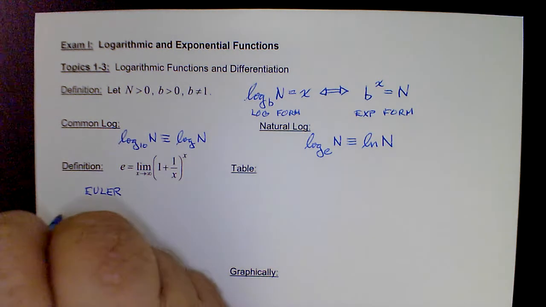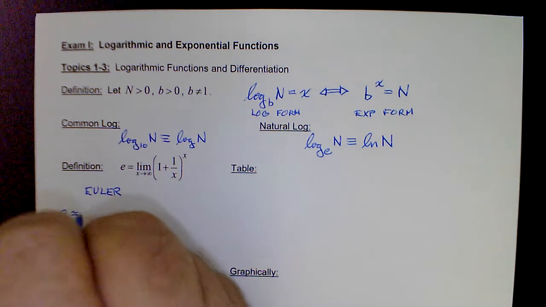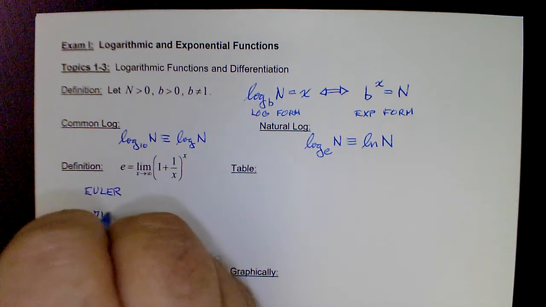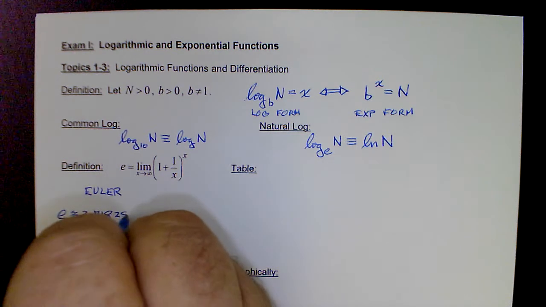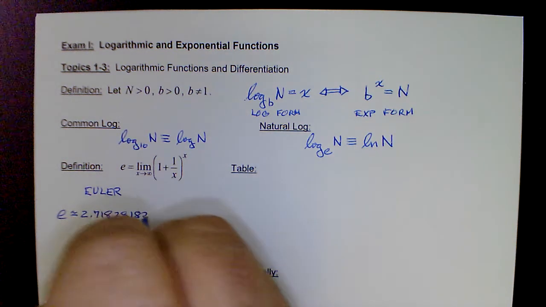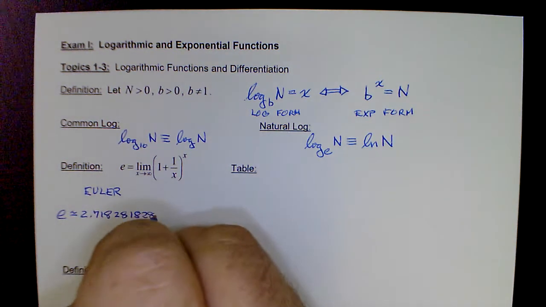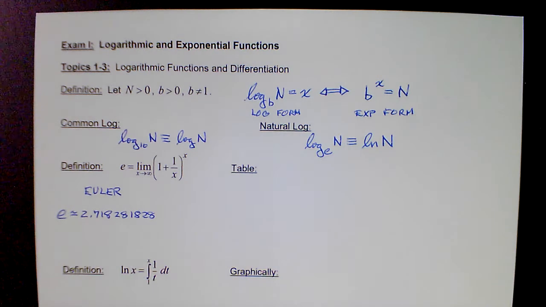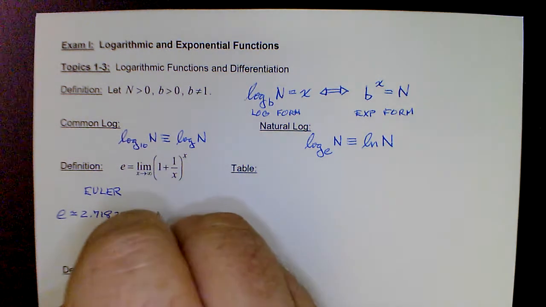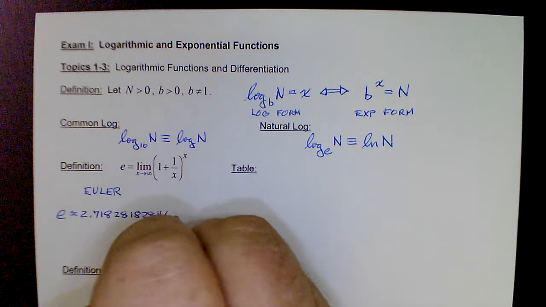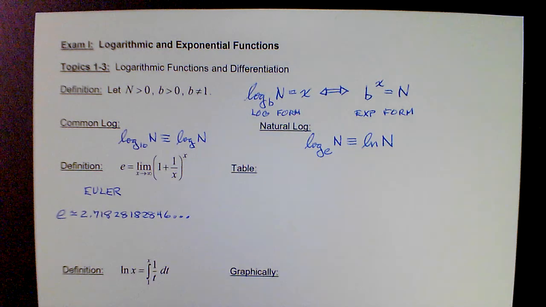And it's approximately equal to 2.718281828 46, and then it goes on and on forever. It's an irrational number, transcendental, just like the number pi. Never repeats itself and never terminates.